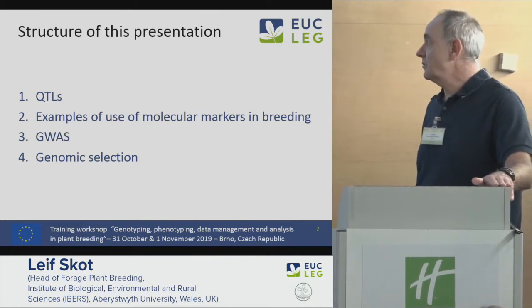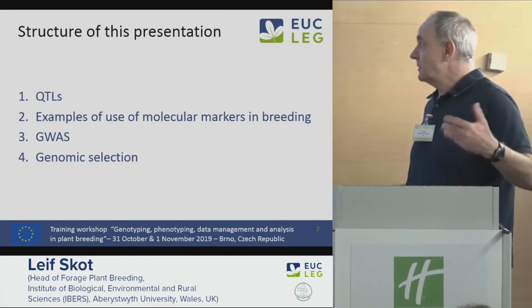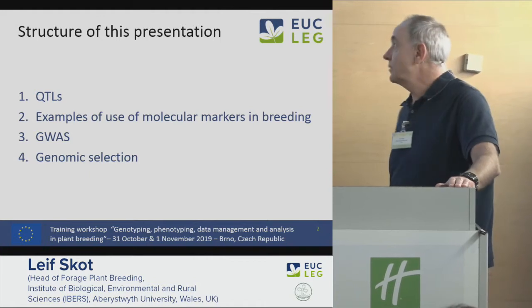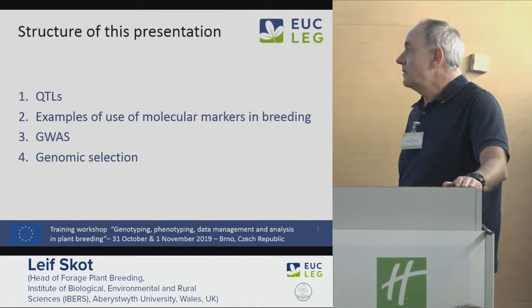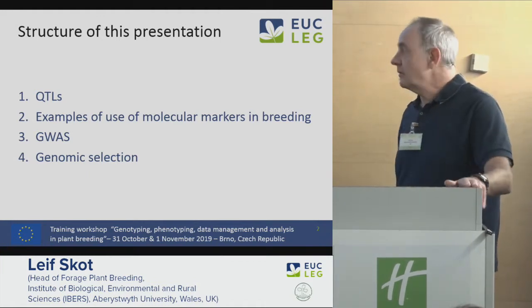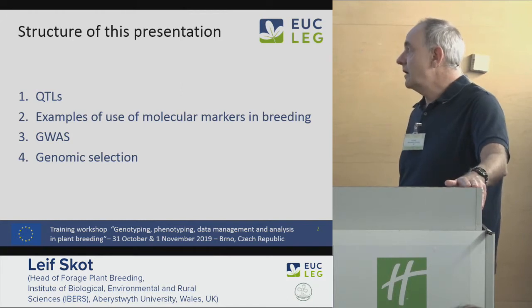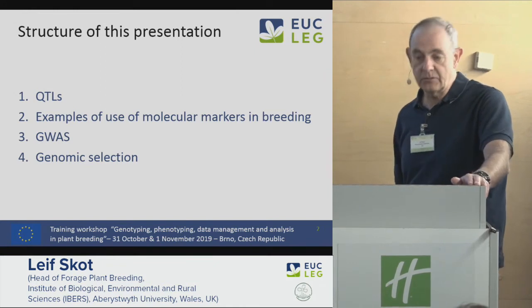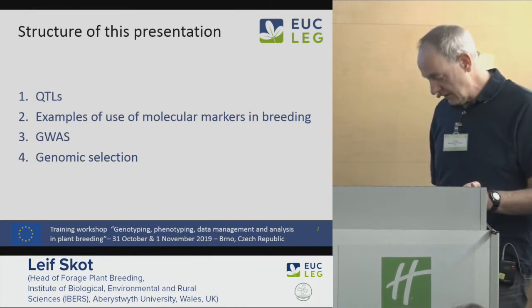I'll talk about QTLs and some examples of use of molecular markers in plant breeding, and then a few words on genome-wide association studies and genomic selection. You will hear much more about that later on in the course.